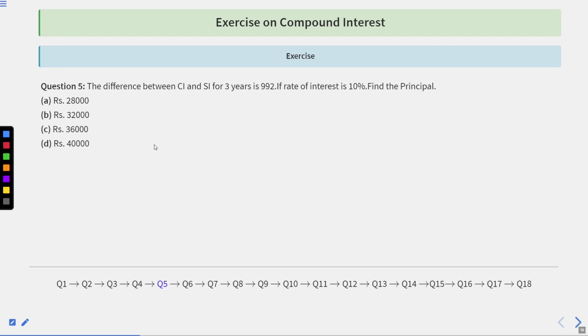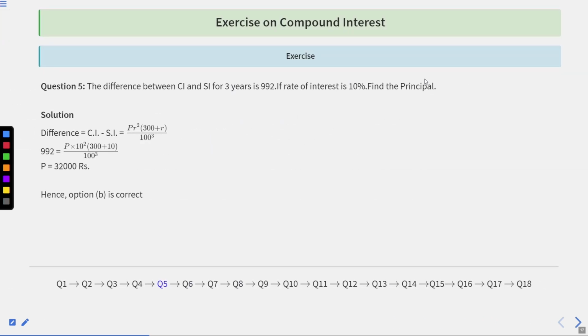Question number 5. The difference between compound interest and simple interest for 3 years is 992. If the rate of interest is 10%, find the principal. The difference is equal to compound interest minus simple interest, equal to P R square into (300 plus R) upon 100 cube.